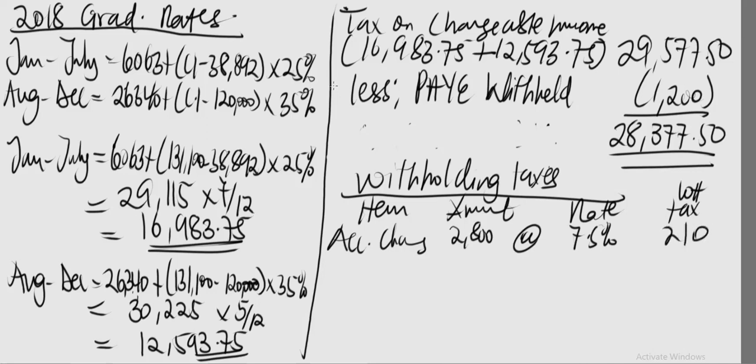Then we have desktop computer purchases, which is goods, about 5,500. It has also exceeded the threshold, but goods fetch 3% tax. So 5,500 at 3% gives us 165 Ghana cedis.